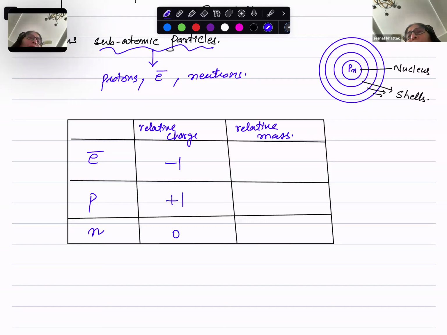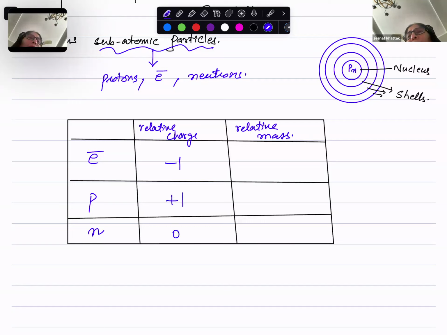What about relative mass? The mass of one proton is equal to one neutron, but the electron is 1840 times lighter than one proton or one neutron. So we write it this way: the electron is 1840 times lighter than a proton, and a proton and neutron are equal.